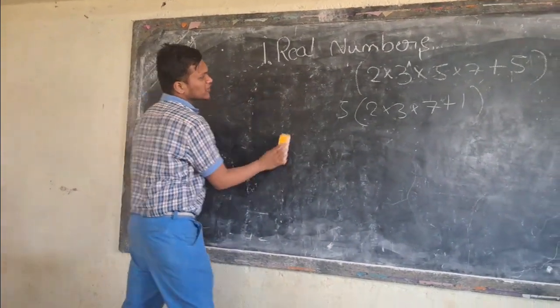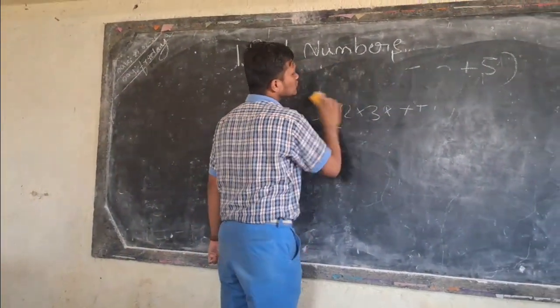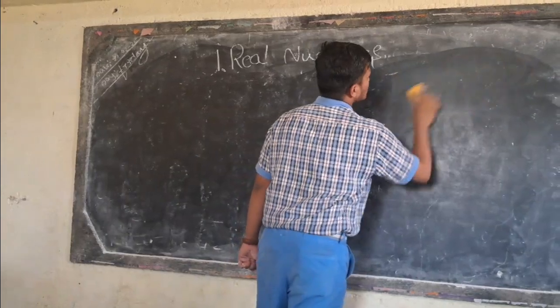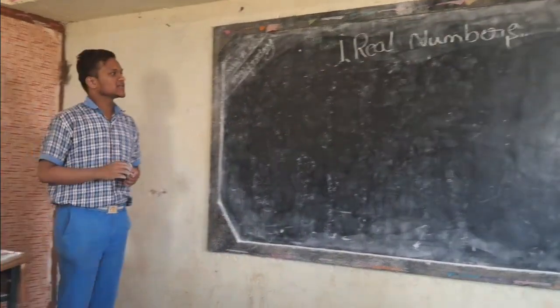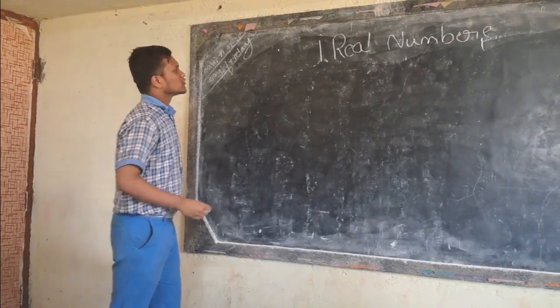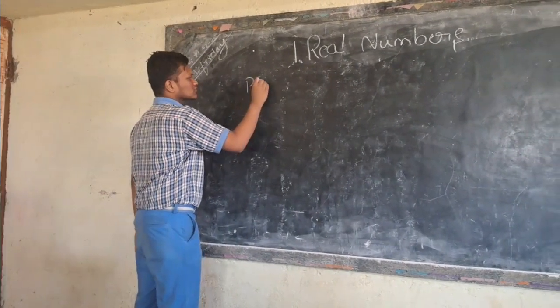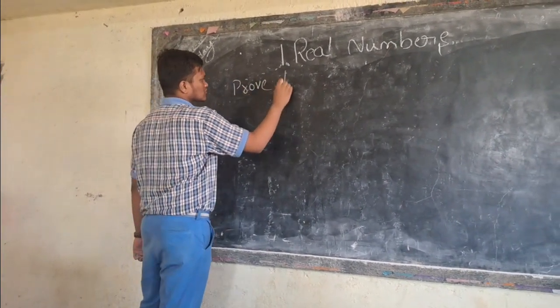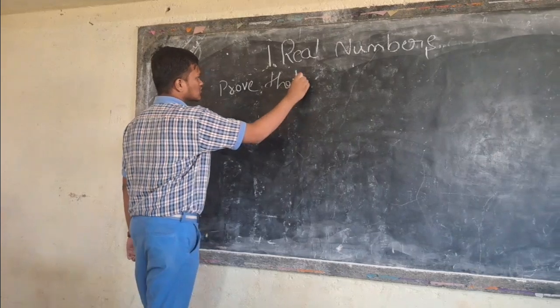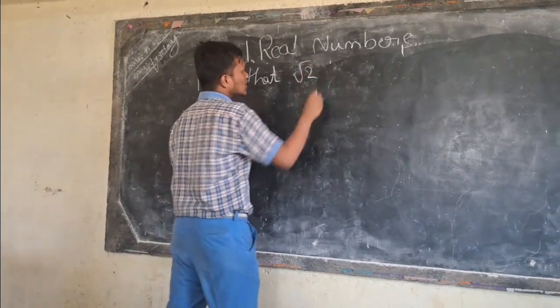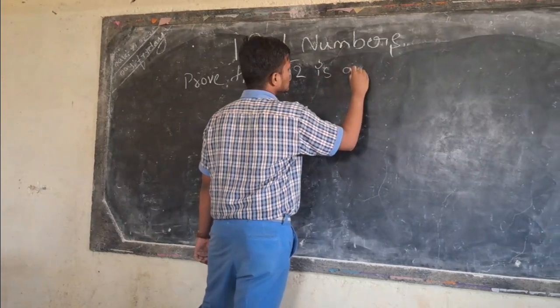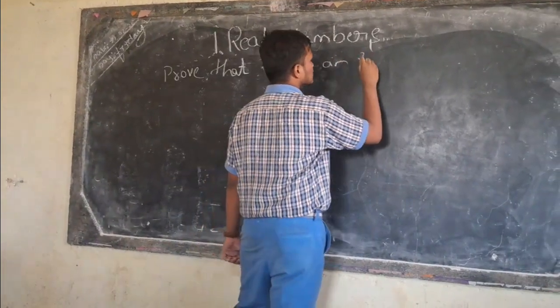Let's move to the next point, which is given in your second exercise: prove that root 2 is an irrational number.